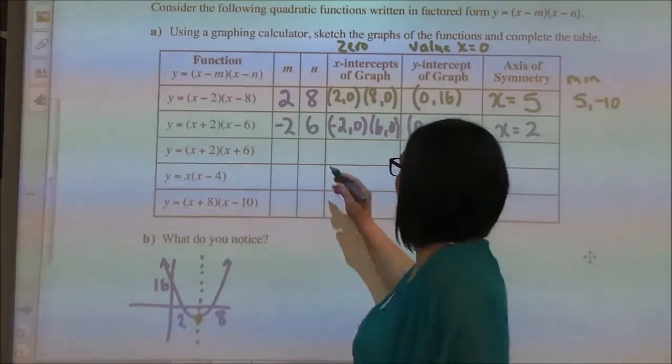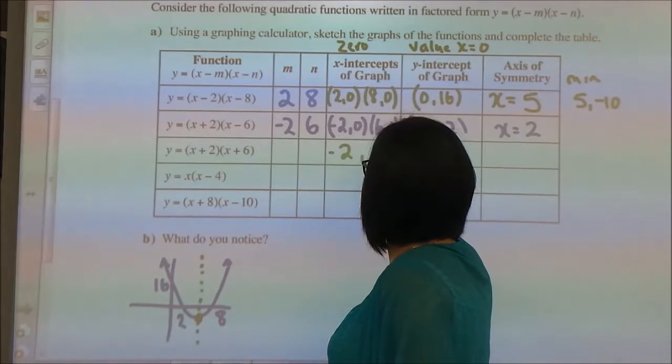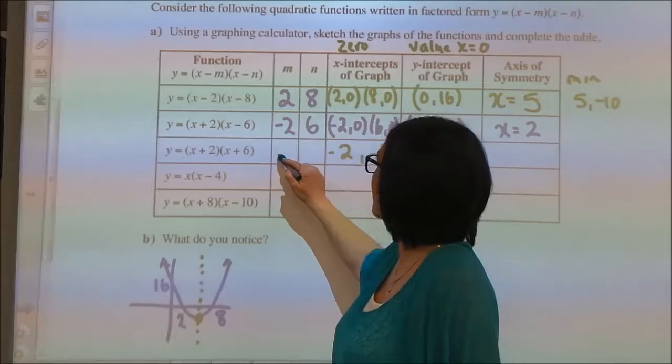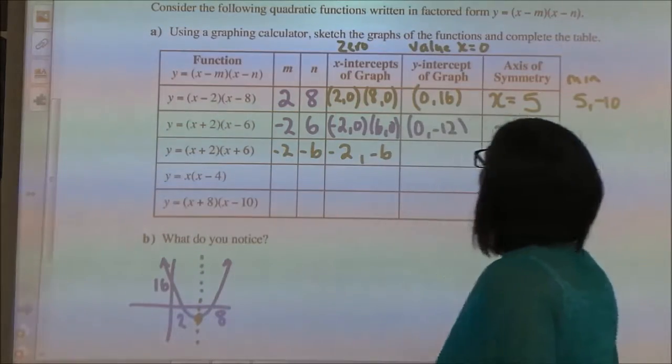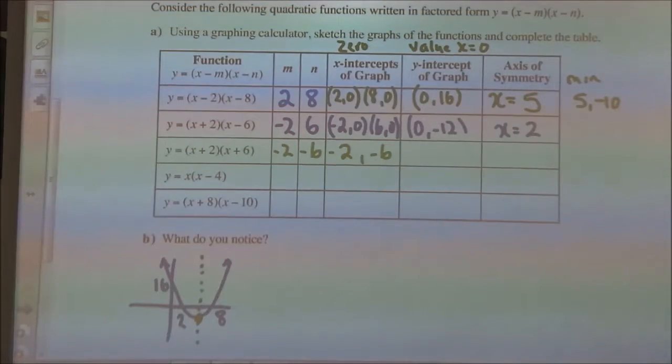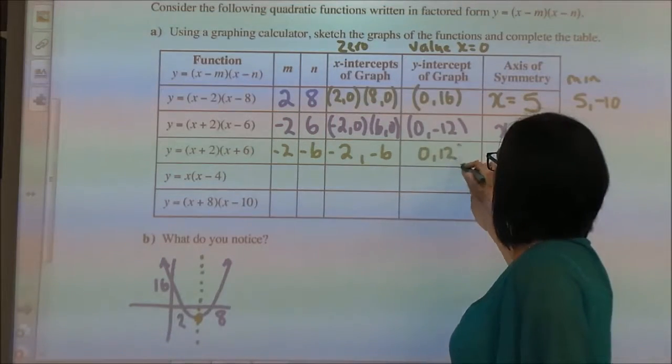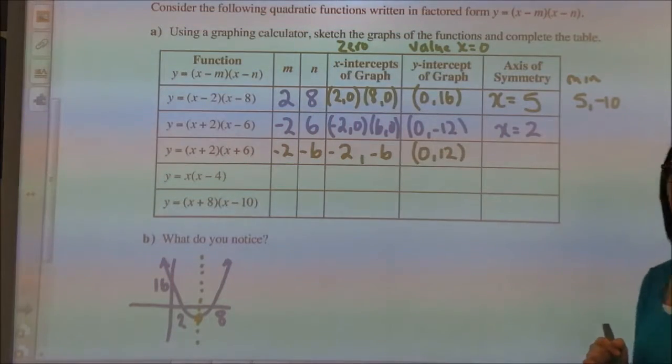Okay, so negative 2 and negative 6. What were my m and my n values? Negative 2 and negative 6. Okay, what is my y-intercept? 0 and 12. Okay. And what is the equation of the axis of symmetry?